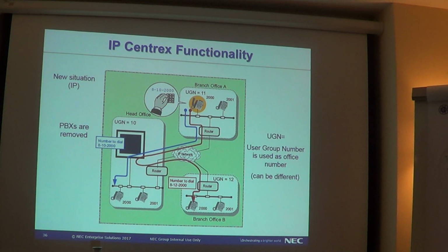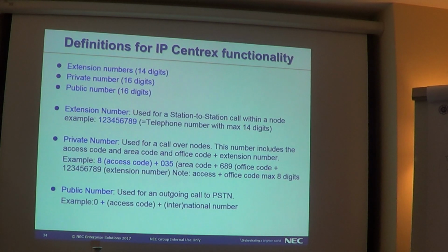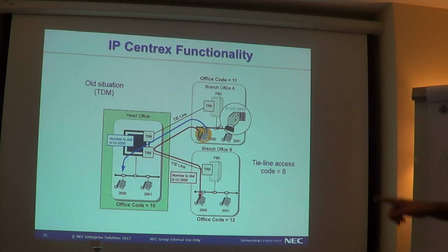Telephone numbers can also vary, and we will again have 3 conventions. We have the extension number, we have a private number, and we have a public number. What we are talking about here is the extension number, and we will also talk about the number that will be spread over the network or the nodes, because this system was in the old days multiple systems.